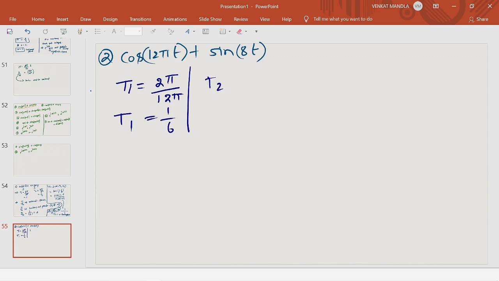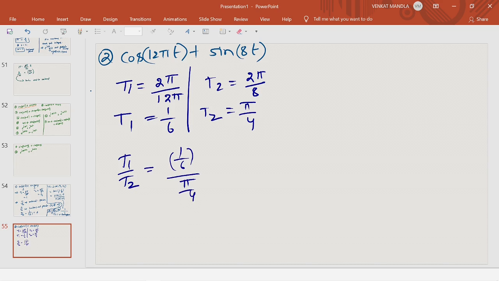T2 is 2 pi by omega naught, that is 2 pi by 8, which is pi by 4. The condition to check periodicity: T1 by T2 is equal to 1 by 6 divided by pi by 4, which is 4 by 6 pi, that is 2 by 3 pi. Here the term includes pi, and pi is an irrational number. So T1 by T2 is irrational.